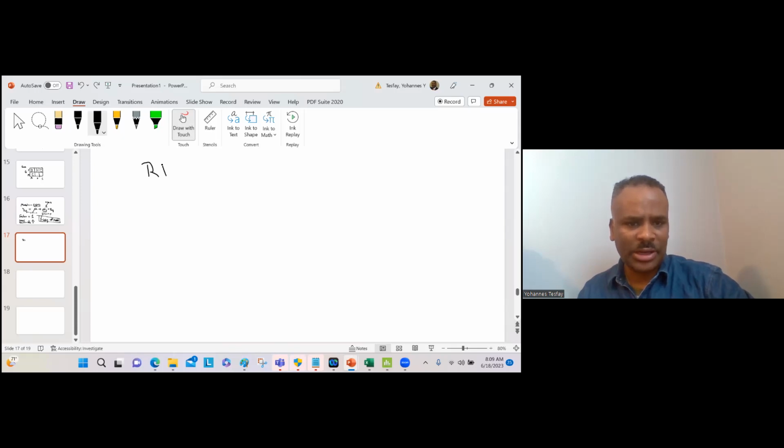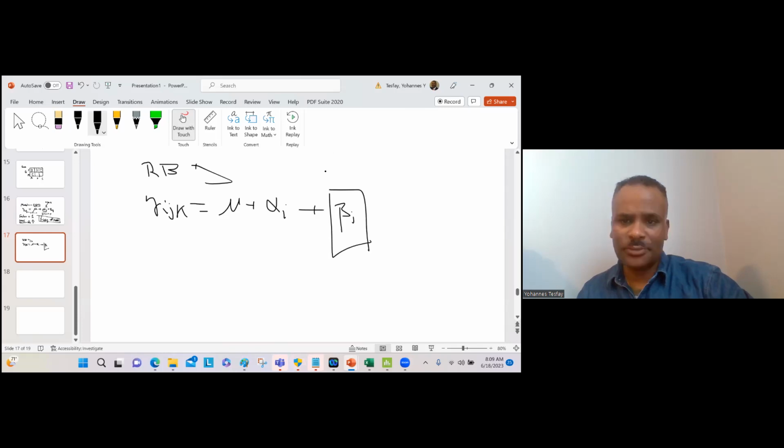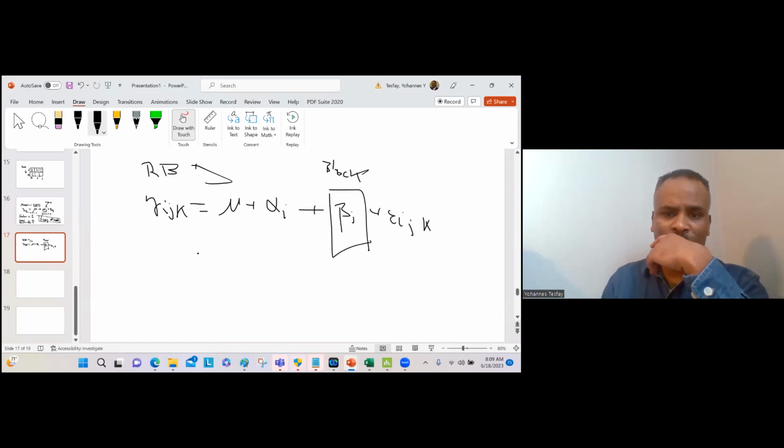This one is Y_ijk equal to the grand mean plus alpha_i, this is the first factor, plus beta_j. Beta_j here is not a factor, it's a block. This is a block.